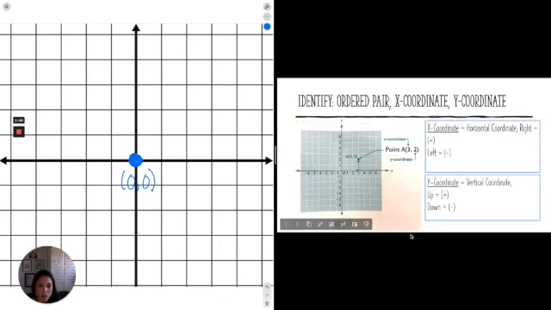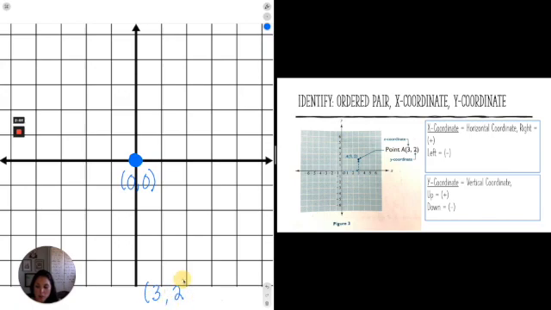Okay, so let's talk about ordered pairs. Here we have point A. The ordered pair is (3, 2). An ordered pair consists of an x coordinate and a y coordinate, and it always goes in alphabetical order. So I'm just going to write my pair down here: (3, 2).